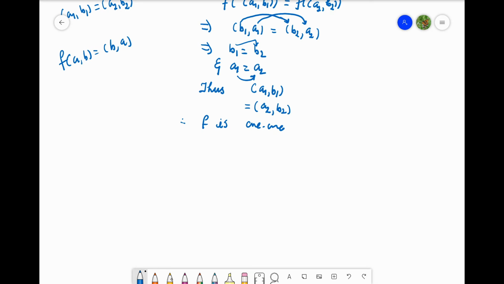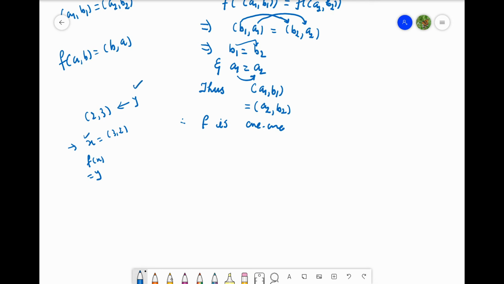In the codomain, if you take (2, 3) as a y, then you reverse the order, take x equal to (3, 2). So f of x equals y. Here the domain and codomain are A cross B and B cross A respectively, so as elements y and x we have to take ordered pairs.